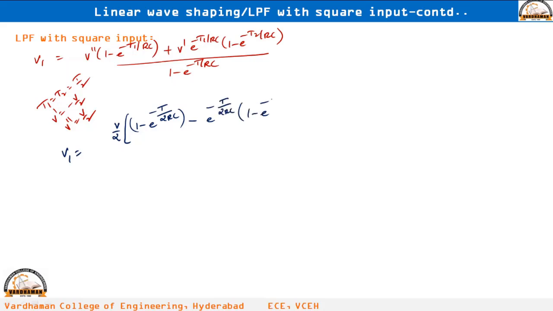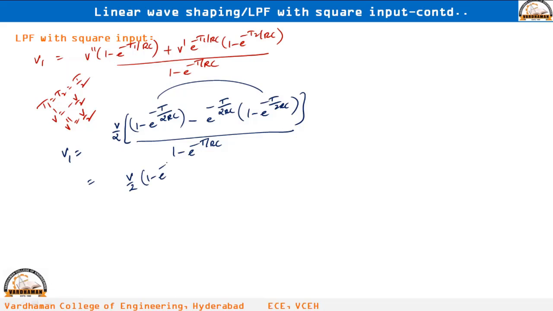multiplied with 1 minus e power minus T by 2RC by 1 minus e power minus T by RC. Now you take these two terms common. So it is equal to V by 2 into 1 minus e power minus T by 2RC, divided by the denominator 1 minus e power minus T by RC.